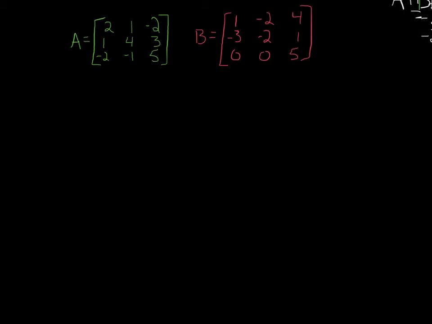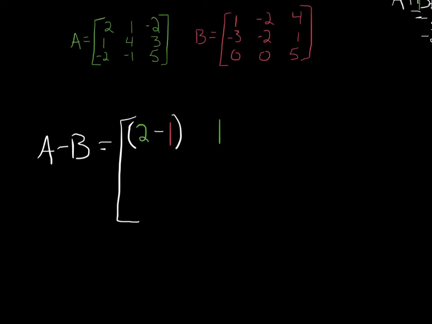And now let's say A minus B. Okay, so now again, A is the first matrix, so I'm going to take the elements in the A matrix and subtract the elements in the B matrix, corresponding elements. The only thing that changes is that instead of adding them, now I'm subtracting them. It's not too difficult. I said plus there, and that's one problem. Sometimes you can forget what you're doing.